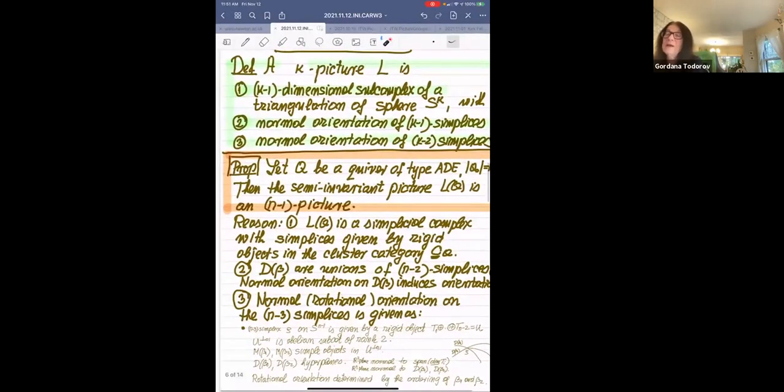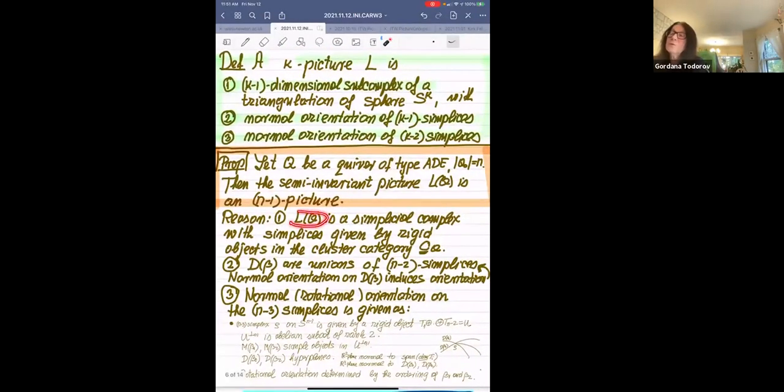First of all, many people like to view L_Q as a simplicial complex, with simplices being given by rigid objects in the cluster category. That's what I pointed out on the picture when I was talking about the cluster category.